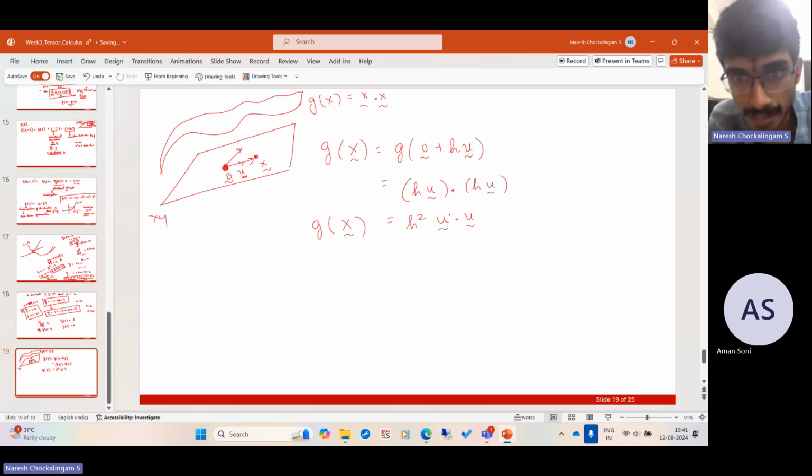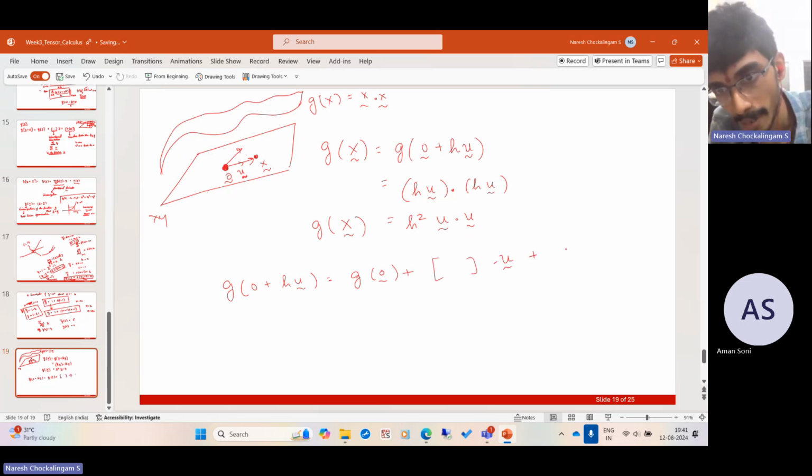Now we want to express g of 0 plus hu as g of 0 plus something that depends linearly on x, plus terms that are of the order h squared.